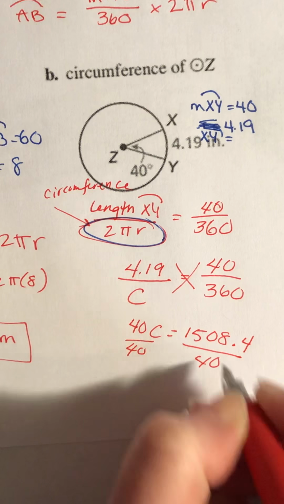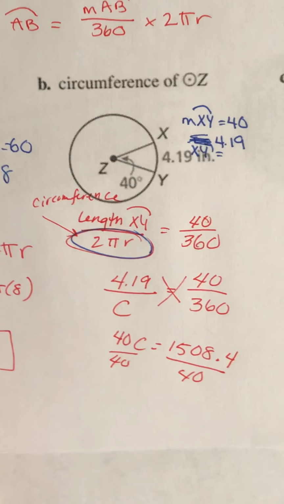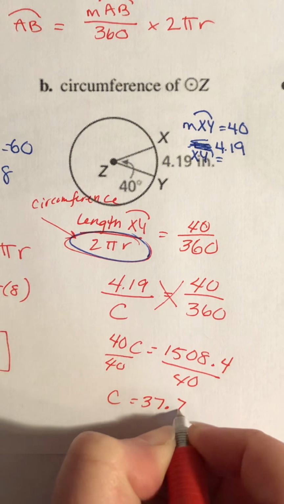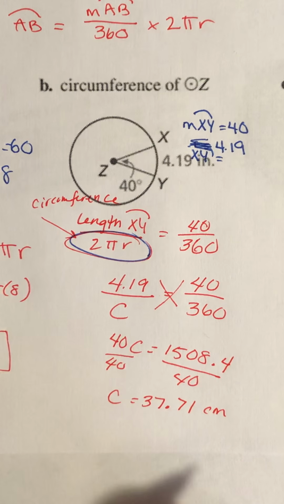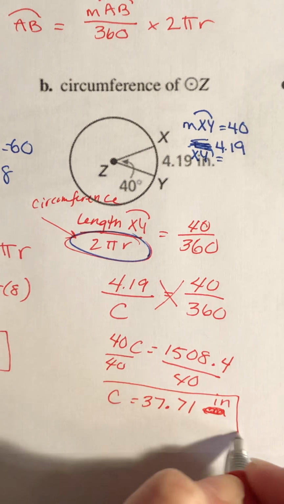Divide by 40, and you get the circumference is 37.71. But again, it's a length, so we want units, and it's in inches.